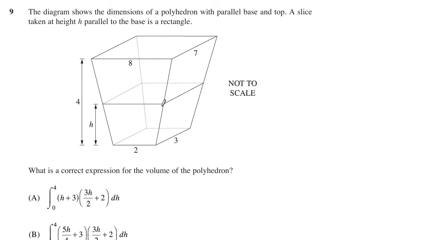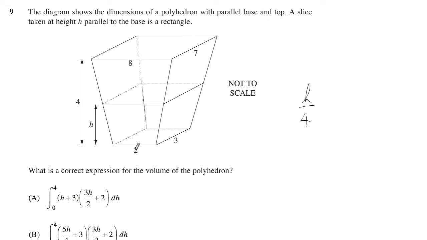Question 9. This one's just a matter of expressing the length and width of that rectangle in terms of h. So if we think of how far up we are as being h over 4, like on a scale of 0 to 1, with 1 being up here and 0 being down there, then h over 4 is how far up we are. And then the width has to start at 2 and go up to 8.